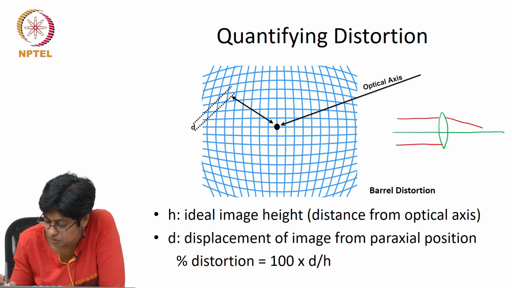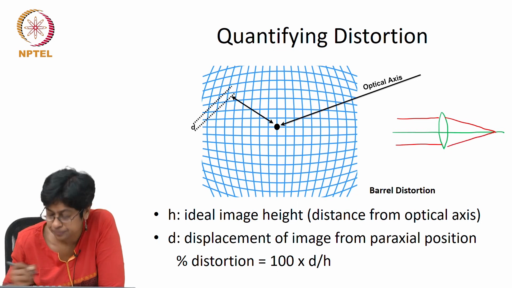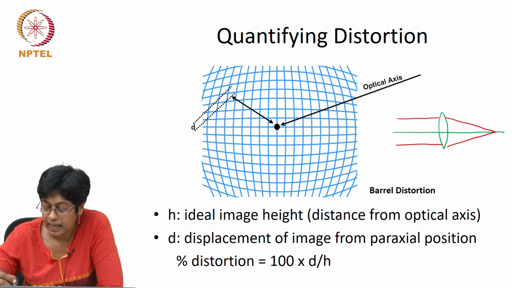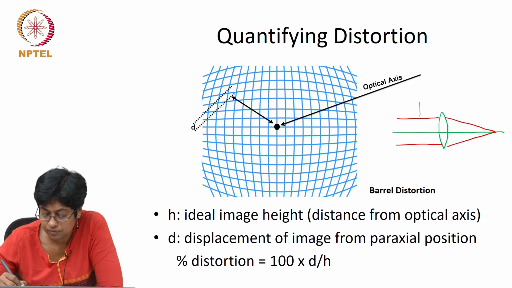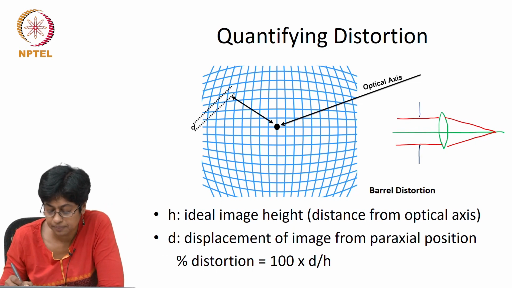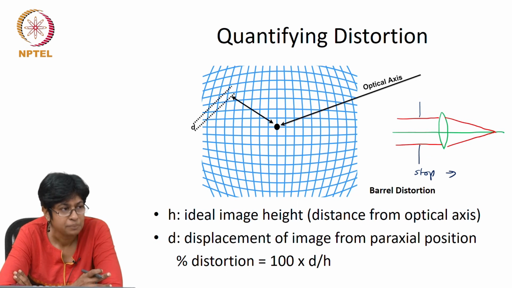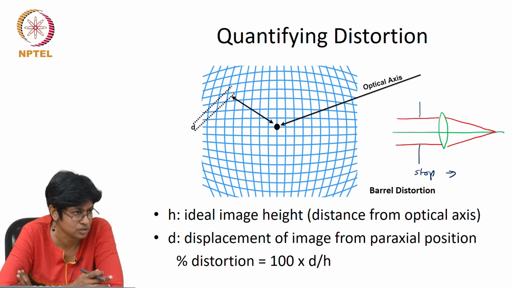So it's coming to focus here. Now I take a stop and I move the stop. What do you think happens to the spherical aberration in the system? Nothing happens. Spherical aberration is independent of the position of the stop.